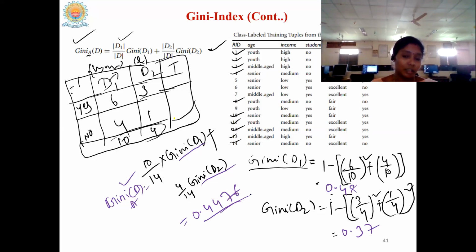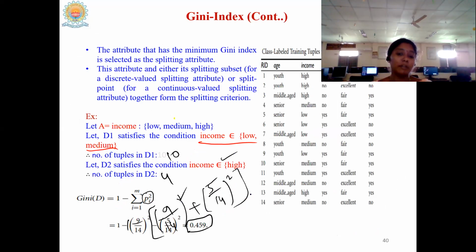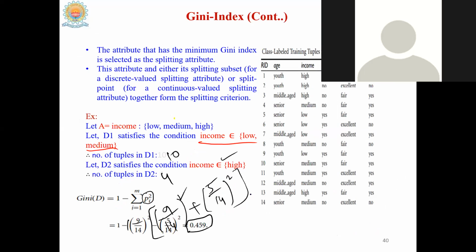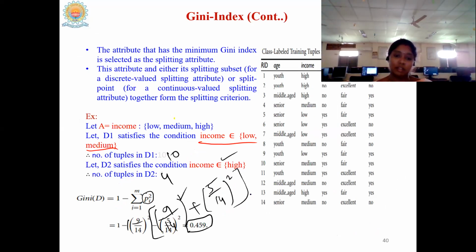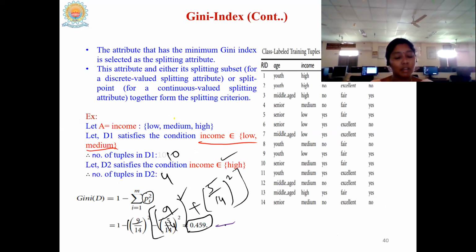So this is the GINI index of the split, and we have the GINI index value in the previous slide. What is that? 0.459, ma'am. Yes. Now how to find the reduced uncertainty finally? By subtracting the GINI index value after the split from the value before the split. That means the difference between the GINI index value before and after the split.